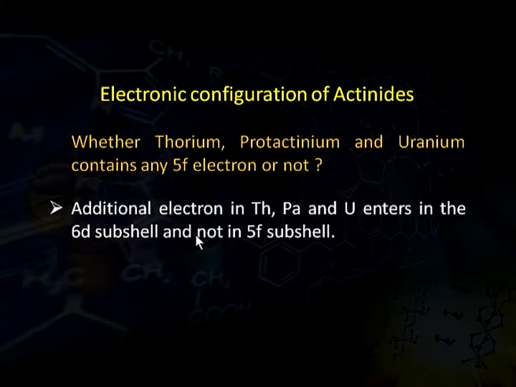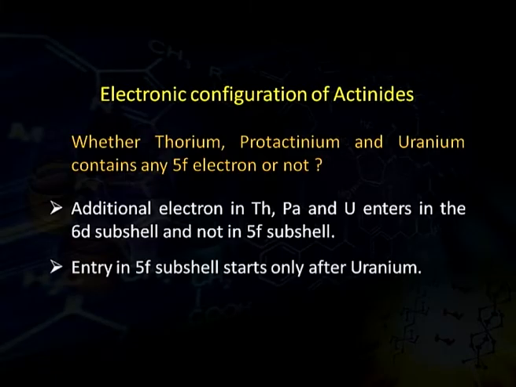Whether thorium, protactinium and uranium contain any 5f electron or not, the additional electron in thorium, protactinium and uranium enters the 6d subshell and not the 5f subshell. The entry in the 5f subshell starts only after uranium, not up to uranium. According to this proposal, the elements following uranium in which the 5f subshell is definitely being filled are called uranides or transuranic elements.